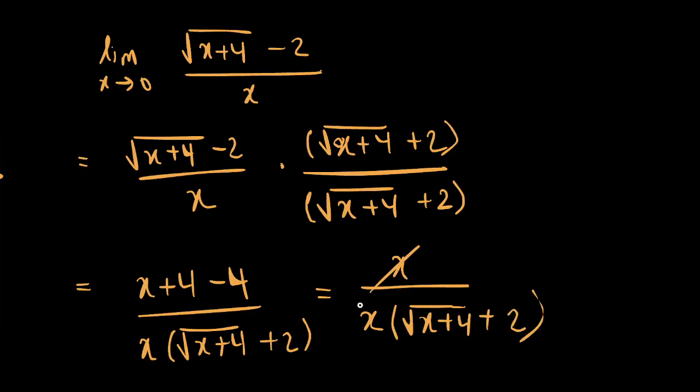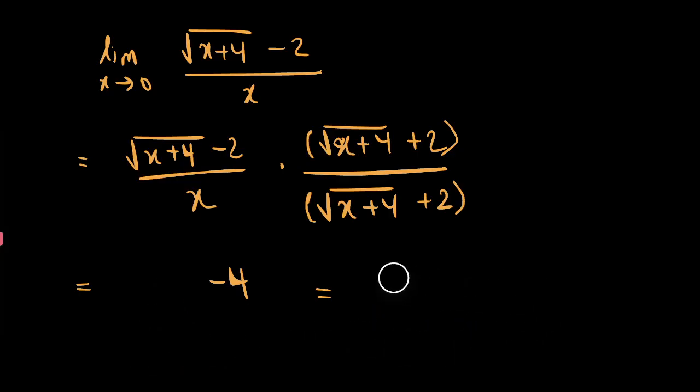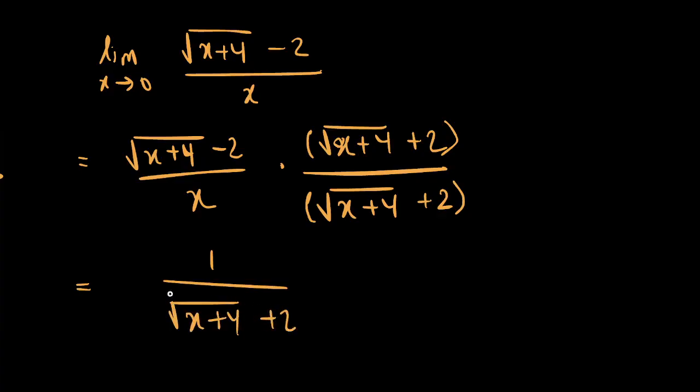and our x and x can cancel out. So if we make some room over here, we see that we end up with 1 over the square root of x plus 4 plus 2. Rather, this is going to be the limit as x approaches 0 of this.